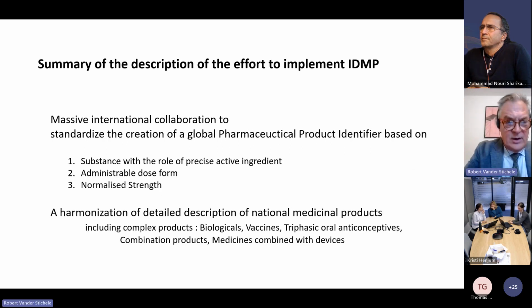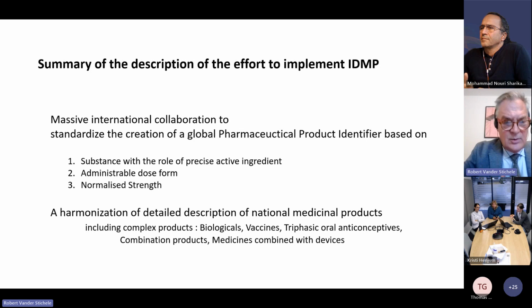So, to summarize the description of the effort of the implementation of IDMP, it's a massive international collaboration to standardize the creation of a global pharmaceutical product identifier, which is based on the substance with the role of precise ingredient, the administrable dose form, and normalized strength.